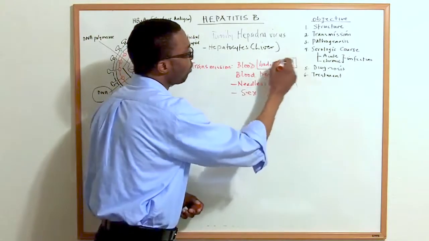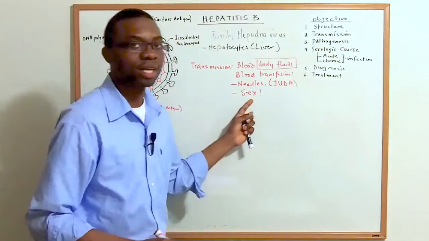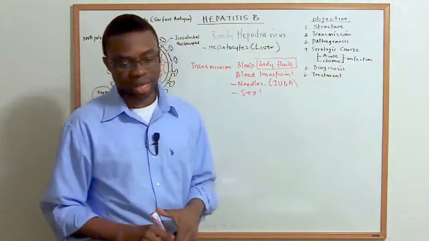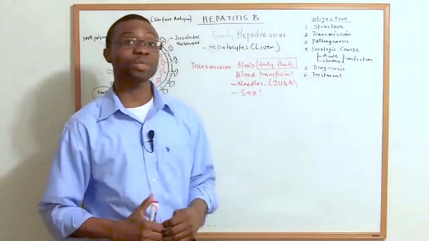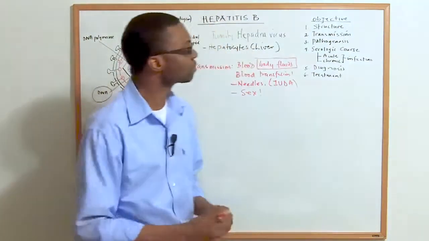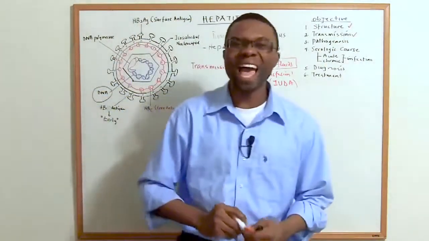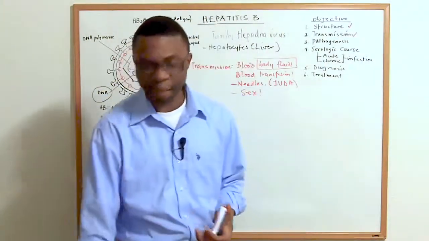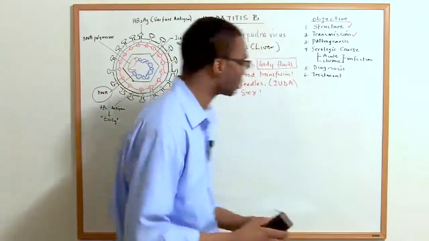Because you can exchange body fluids during sexual activity, patients can actually get infected through sex. So, that is how you get transmission of hepatitis B. Check. Let's now go over the pathogenesis. Pathogenesis, the mechanism by which the virus infects, goes in and attacks the liver cells.